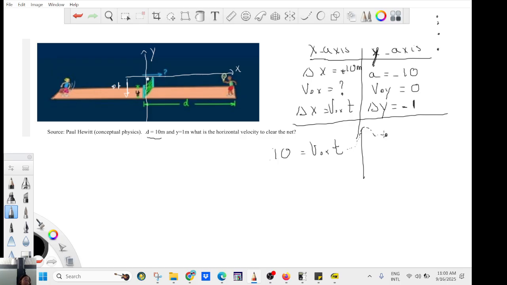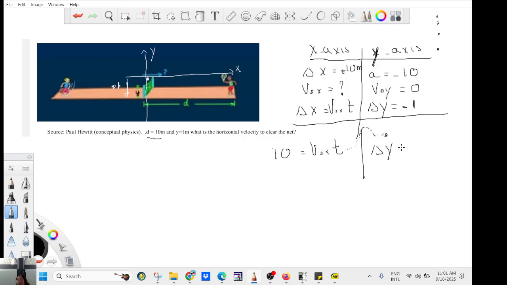It's not hard. You have your kinematic equation here, and this one is just cruising. So here you will always have that equation. Always. Projectile motion, always.